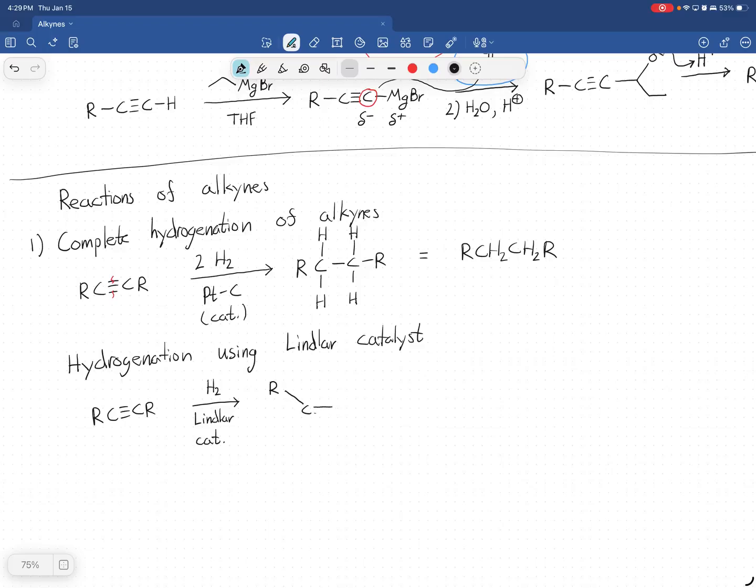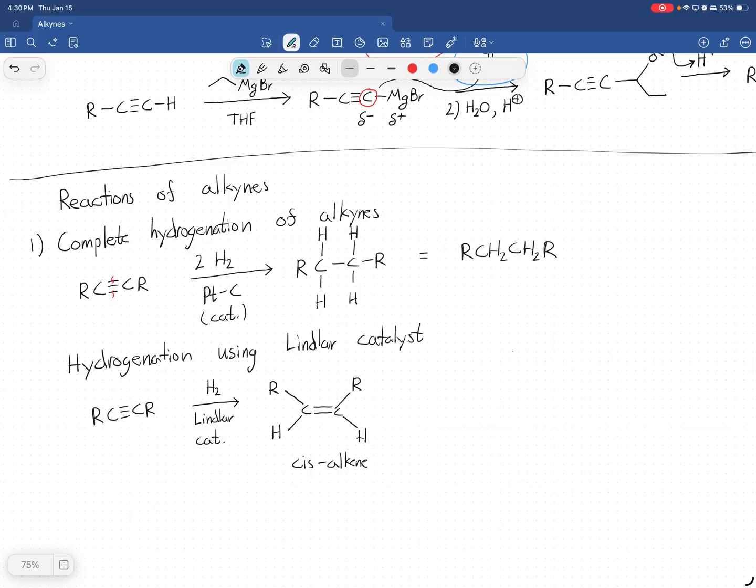So this catalyst has been designed to stop at the alkene stage, and because of the structure of the catalyst, it is stereospecific for the cis alkene. Okay, so you stop at the cis alkene. All right, but you might be wondering what is the structure of this catalyst. So I'll tell you what's in it, what the ingredients are.